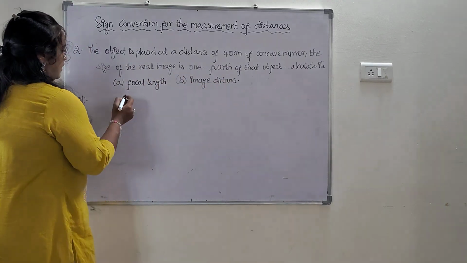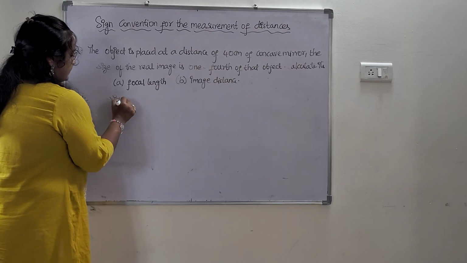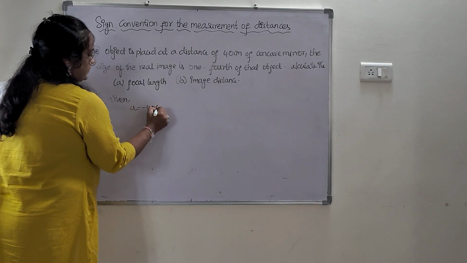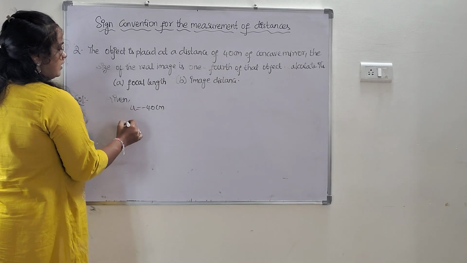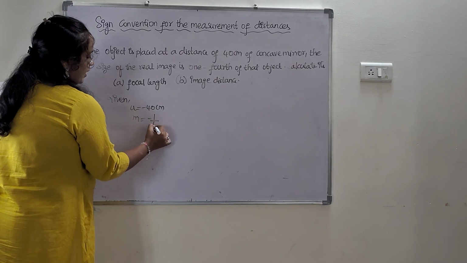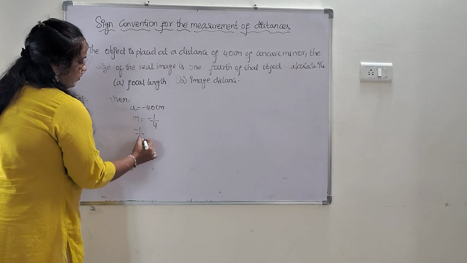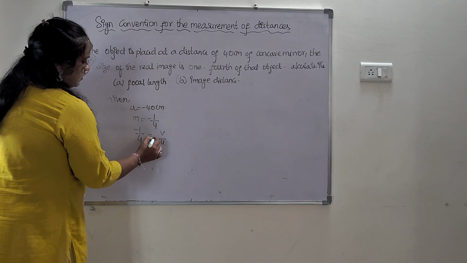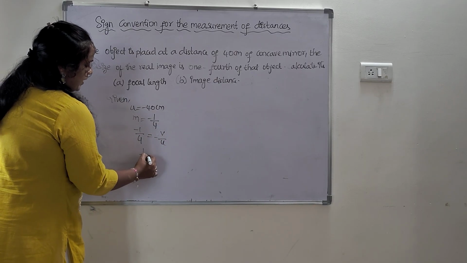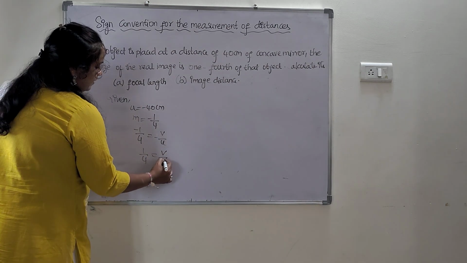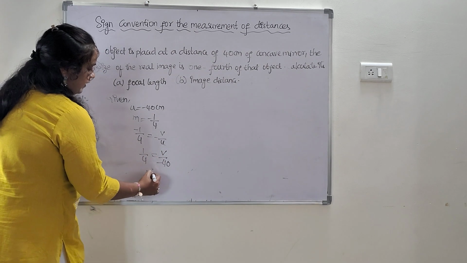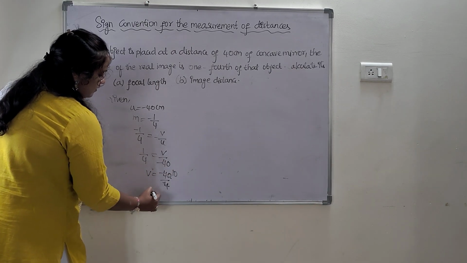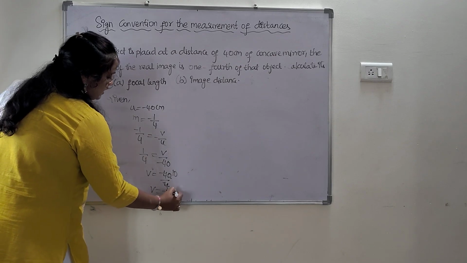Okay, write down given: u is equal to -40 centimeter. m is equal to -1/4. -1/4 is equal to minus v by u. 1/4 is equal to v by -40. v is equal to -40/4. 4 ones are 4, 4 tens are 40. v is equal to -10 centimeter.